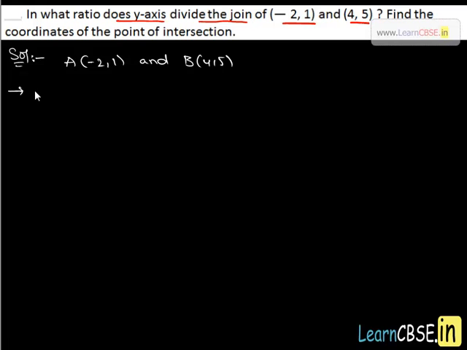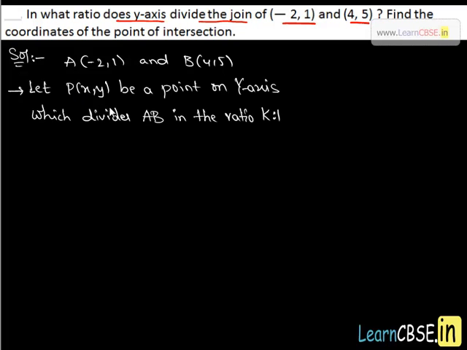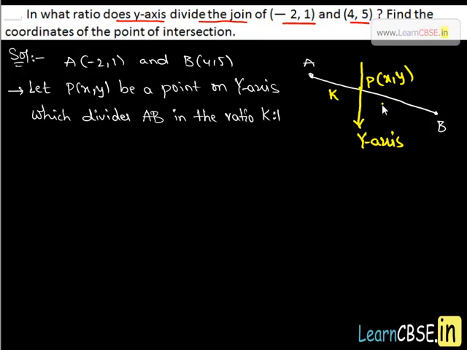Let P (x, y) be any point on the y-axis which divides the joining of AB in the ratio k:1. That means the join of AB is divided by a point P whose coordinates are (x, y) and it lies on the y-axis. The ratio is k:1.